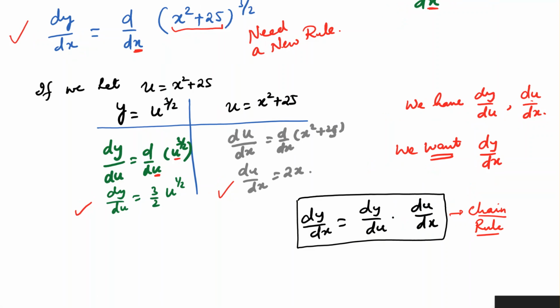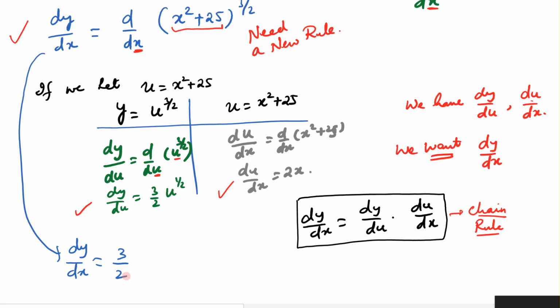Therefore, for this one, we get dy over dx would be dy over du, which in this case is 3 over 2 u raised to power half, times du over dx, which is 2x. So now we can plug in the value of u.